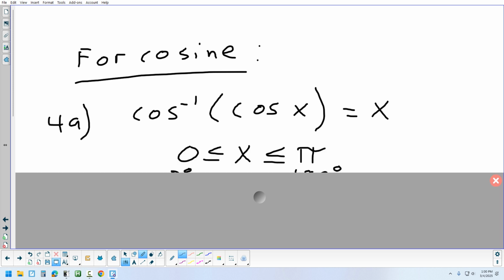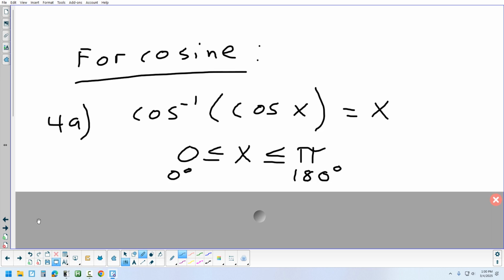If you're doing radians, it's 0 to pi. If you're doing degrees, 0 to 180. If you plug something in like 190, you can plug it in, you will get a number back, but it won't be the number you started with. This is the one that will give you an answer back, always.